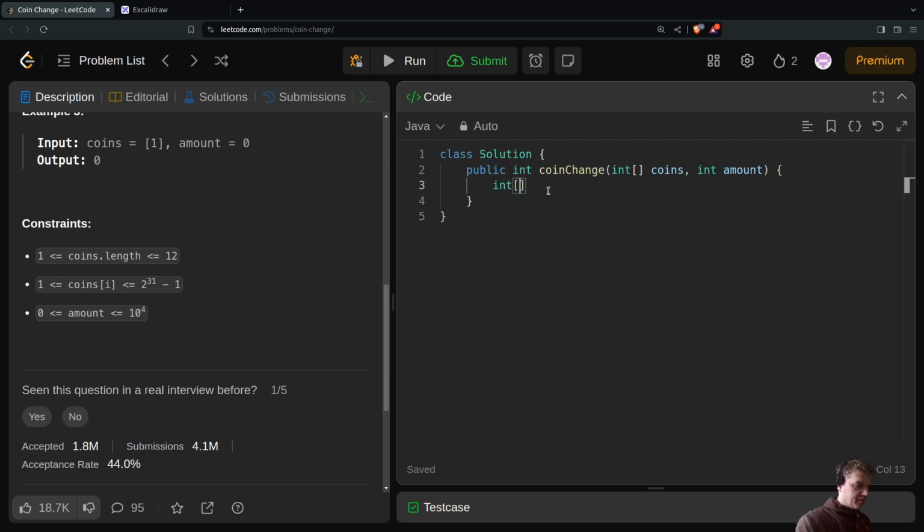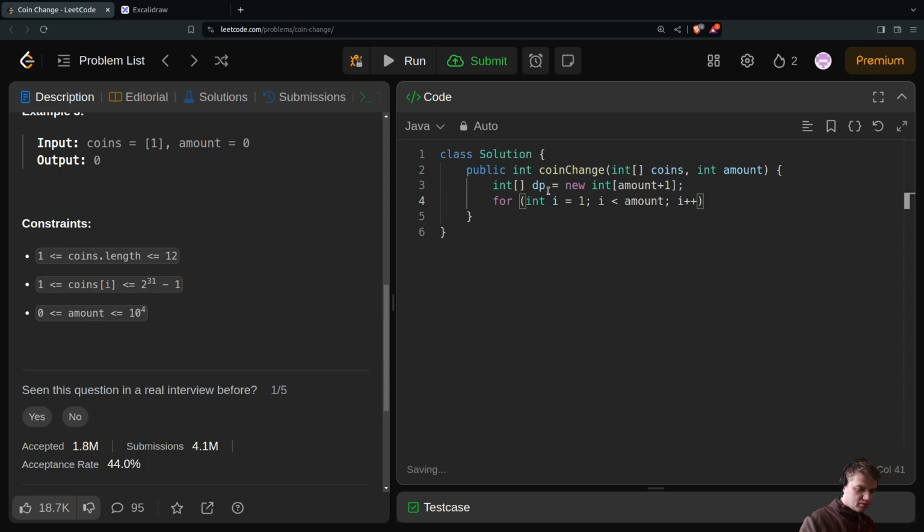So I'll have dp equals new int of amount plus 1, for int i equals 1, i less than amount plus 1, i plus plus.